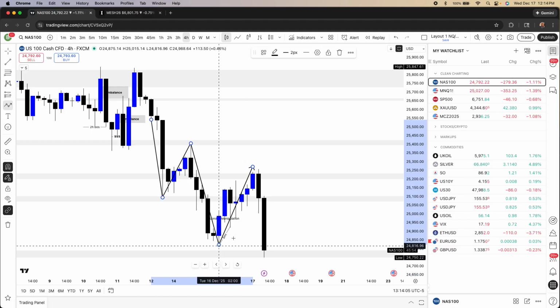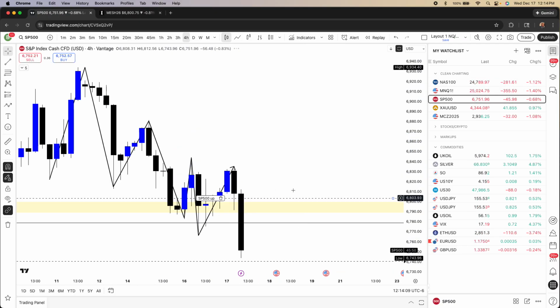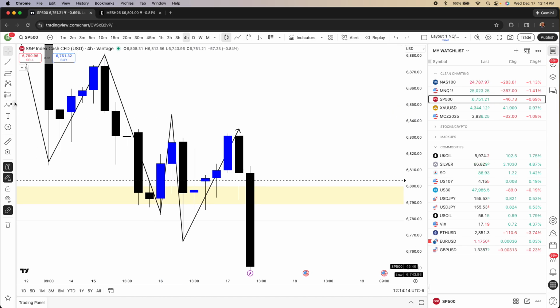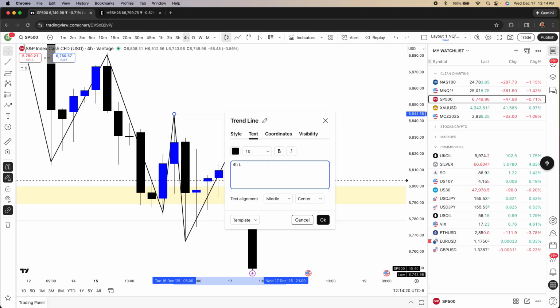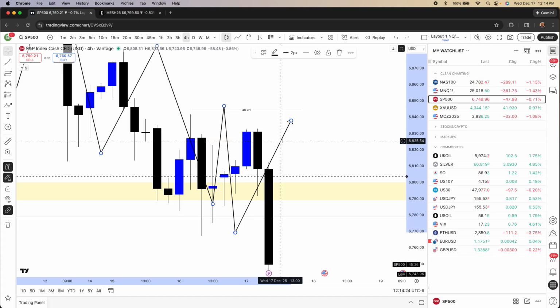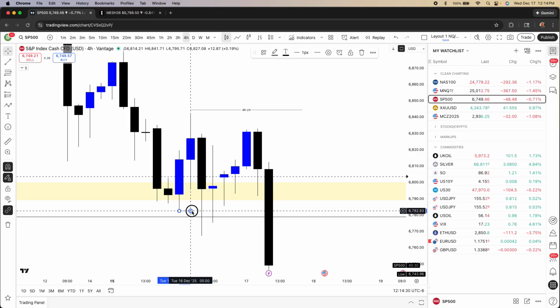So we ended up getting that lower low today. So coming to the S&P 500, we can see that this was our 4-hour lower high for the day. LH stands for lower high, and then we can get rid of this. We can mark this off as our 4-hour structure break, or wick, whatever you want to call it.